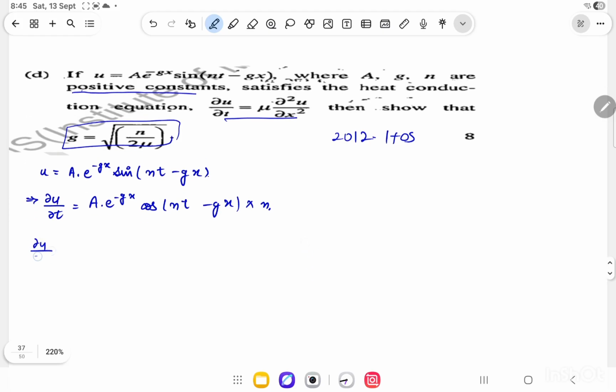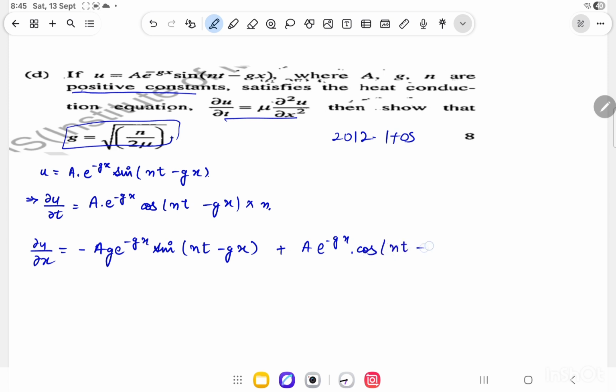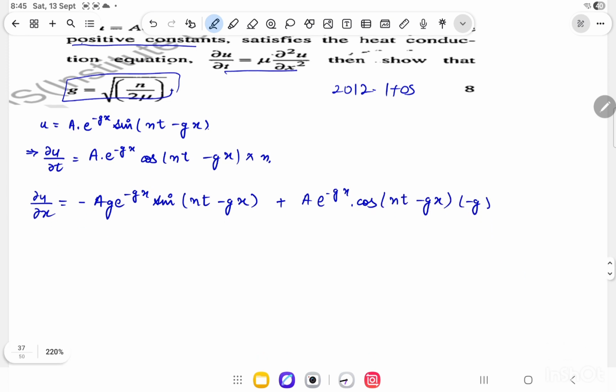Likewise del u by del x will be basically minus ag e raised to minus gx into sine of nt minus gx plus a e raised to minus gx into cos of nt minus gx into minus g. So let's take minus g as common.